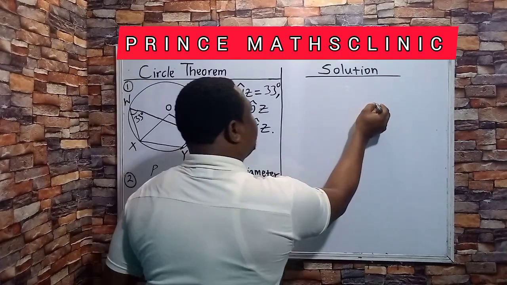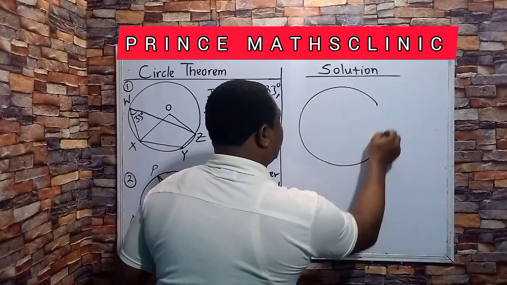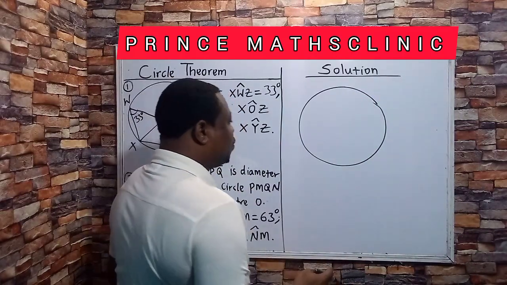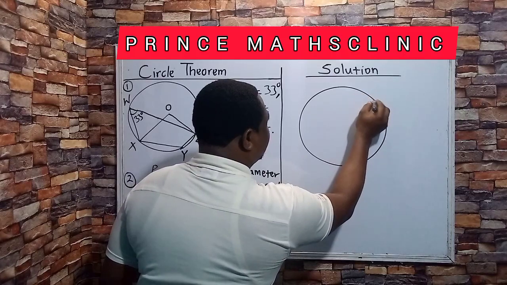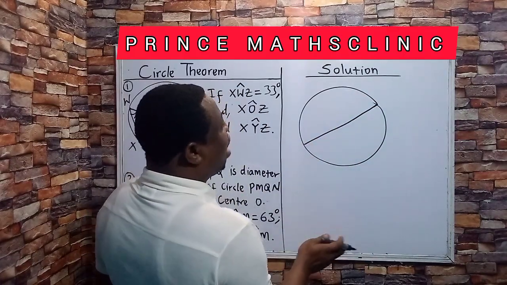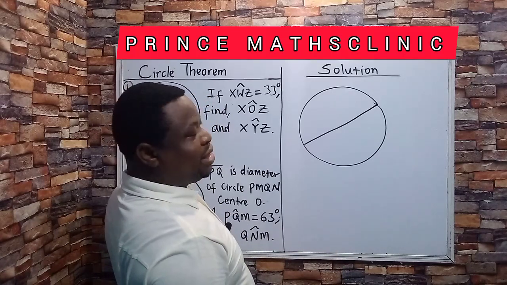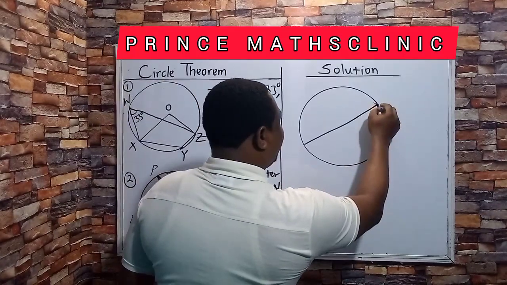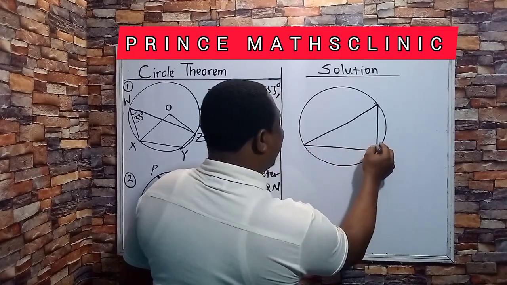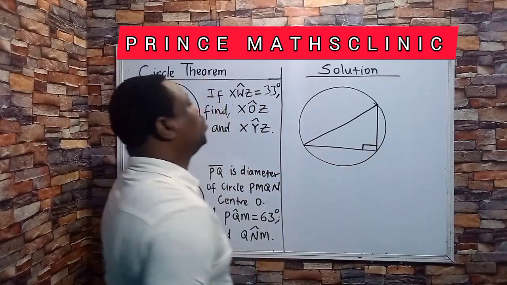The other theorem states that if I have a line that goes through the center of the circle, it divides it into two equal parts. That's the diameter. So any triangle I put here occupies a semicircle.